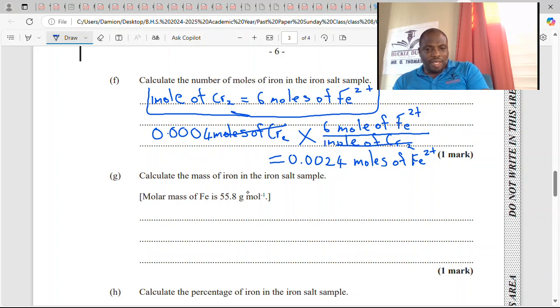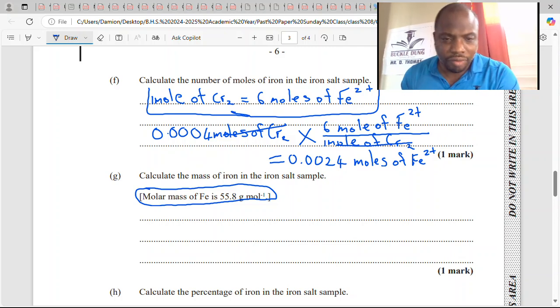So, the mass of iron in the iron salt sample. So here's the thing. CXC will give you this, and you have a calculator, so use it.